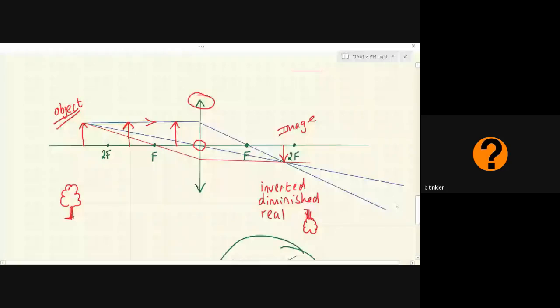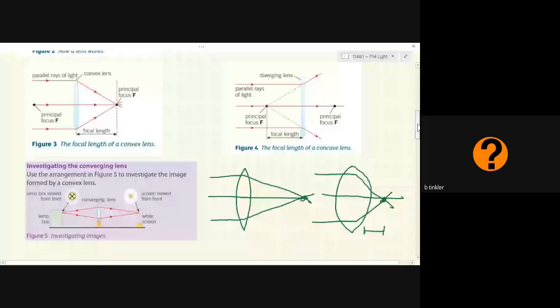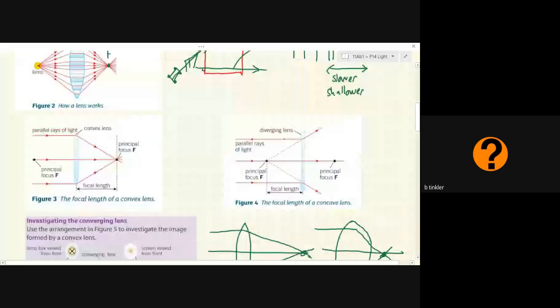But if you look at our diagram for a diverging lens here, we explain where the focus is for the diverging lens, because this is the light hitting the lens and bending outwards, and these two virtually, we imagine them coming to a point here.